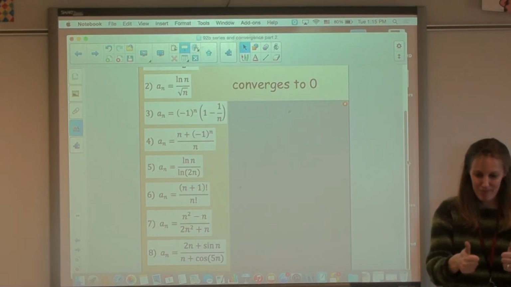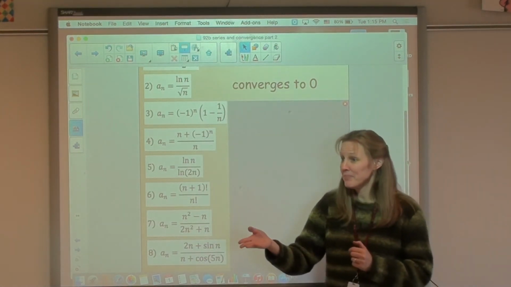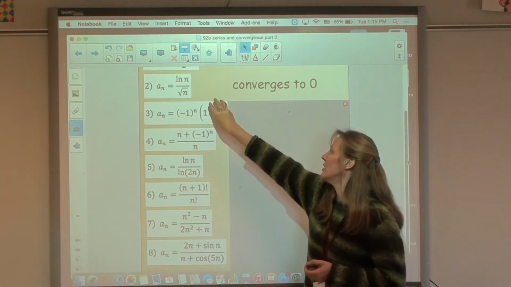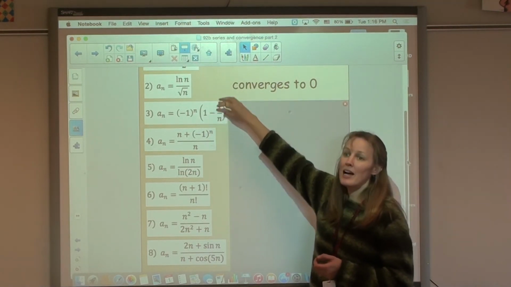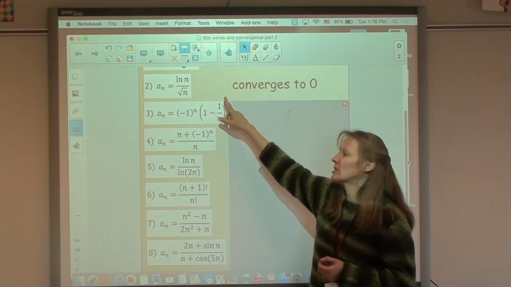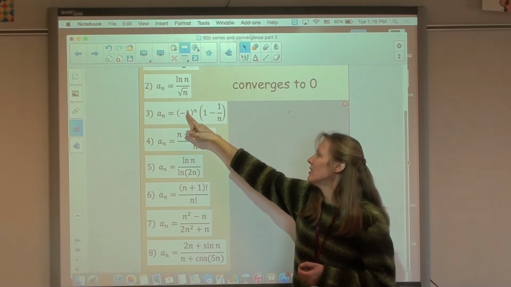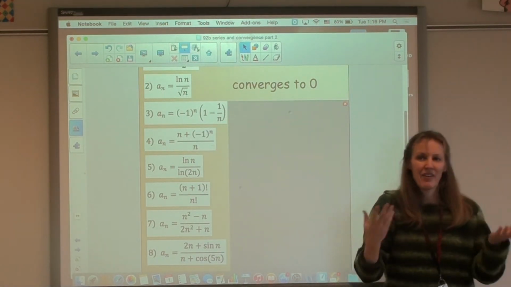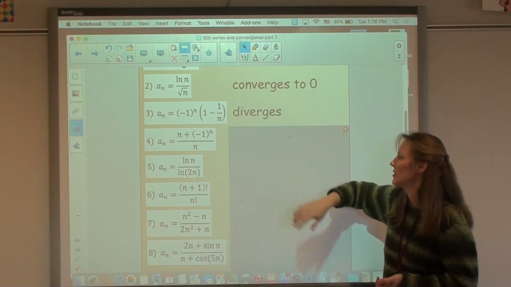Perfect. Since n is approaching infinity, this thing as a whole is just going to 1, because this term's going to 0, right? It's not to a power. It's not like e. It's just 1 minus 1 over n, so you just get 1 minus 0. So what you get is -1 flip-flopping back and forth, and you can't have a limit that flip-flops like that. So you end up with a divergent series.